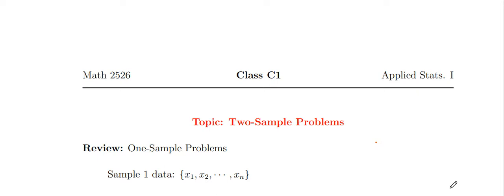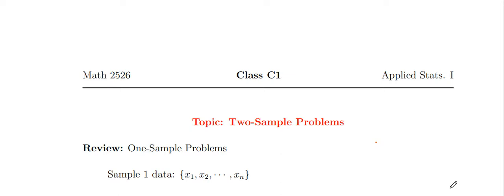This is Math 2526 class C1. I split this course into three parts: part 1, part 2, part 3. This is the first class of part 3. Part 1 is about the population for statistics, about probability, right?